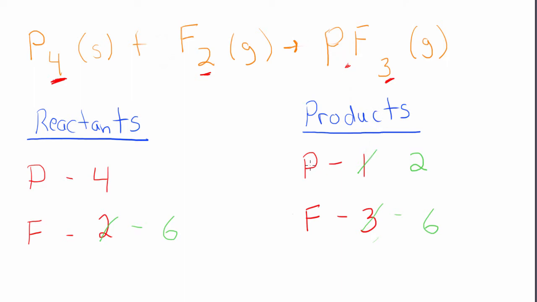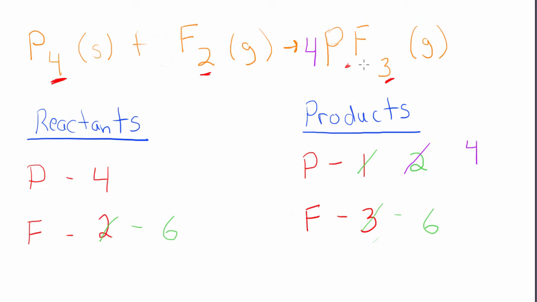So we've got 4 P's in the reactants, and we've only got, in the original question, 1. So what if I multiply the PF3 by 4? How would that work? Okay, so now I've got 4 phosphorus on both sides.